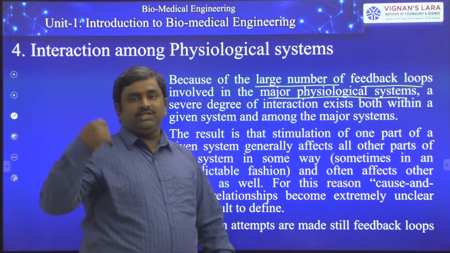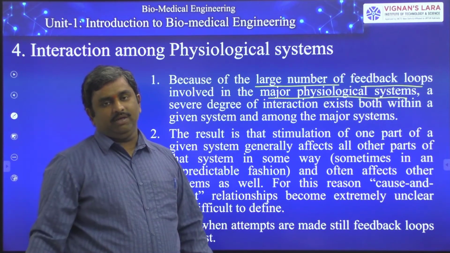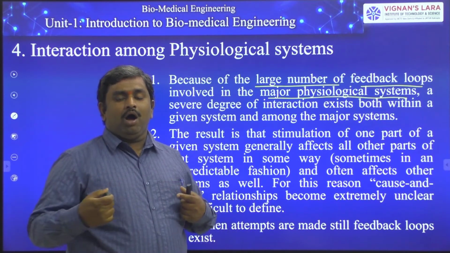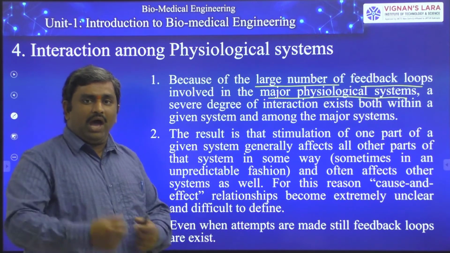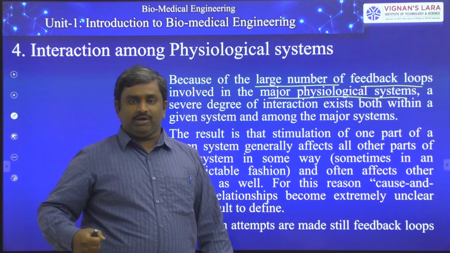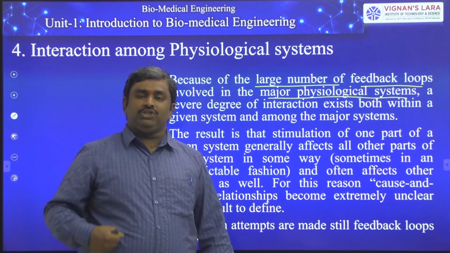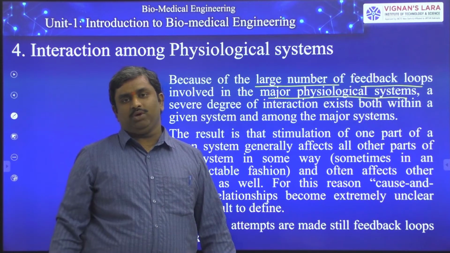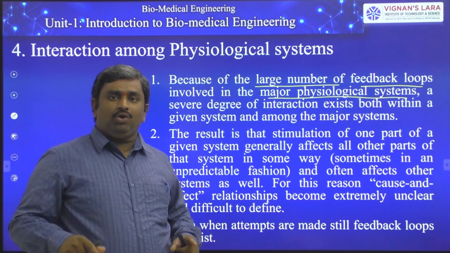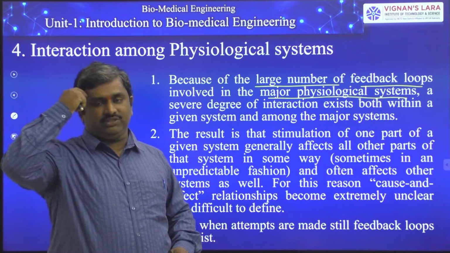Our major system is the central nervous system. So for the central nervous system and all the related physiological systems, we have to know the relationships. Why? Because when you are running fast, your lungs are working fast and your blood circulation system is working fast, but these three are coordinating with our central nervous system.